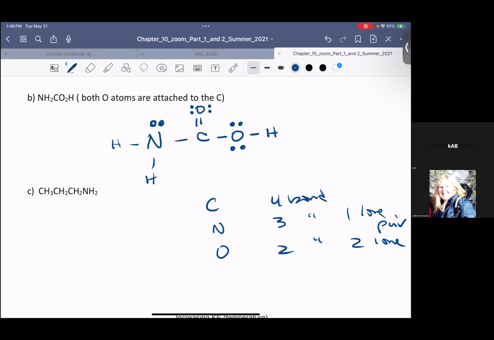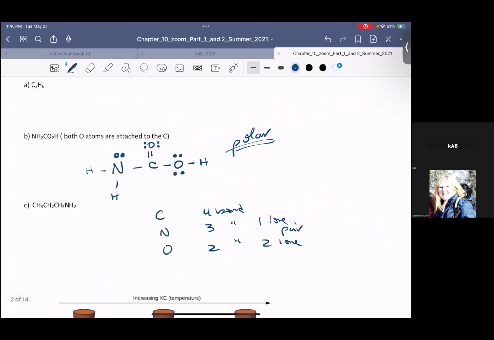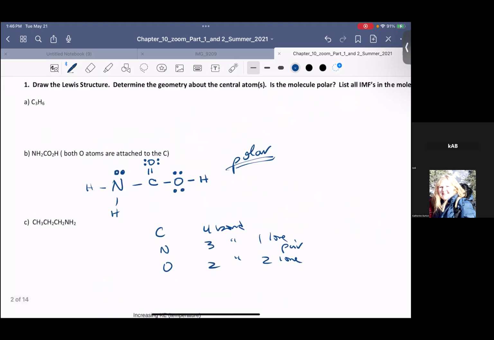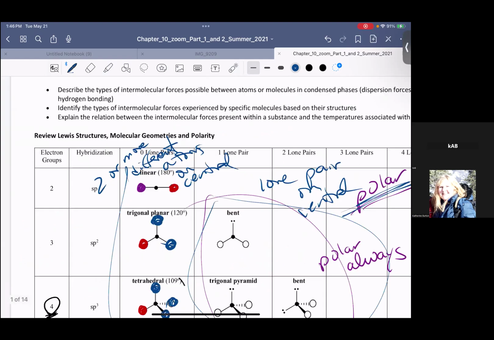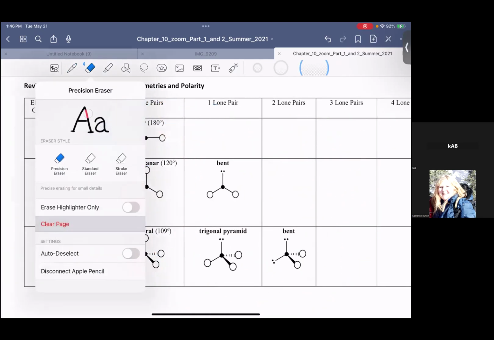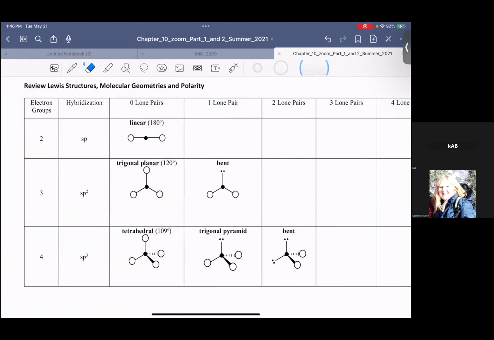You know immediately that one side of this molecule doesn't look like the other. It's not all the same stuff attached. We've got lone pairs on the central. This thing is polar. So again, reviewing polar, making sure that we can see our simple rules here, that if we have lone pairs on the central, or we have 2 or more different atoms attached to the central, we are going to have polarity.